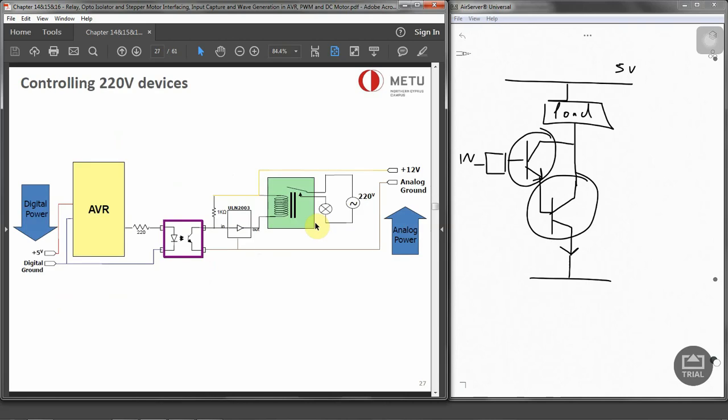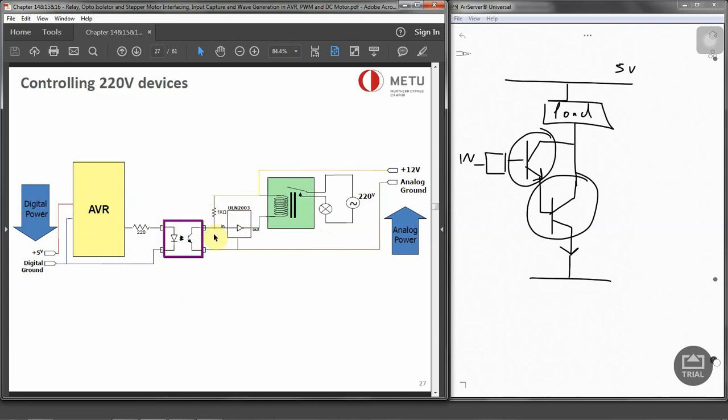Now, if you want to control or interface relays or any type of high voltage or high current equipment or devices, we connect the AVR with the opto isolator and with the Darlington transistors. The opto isolator will help us to isolate the AVR so that we won't have any spikes.